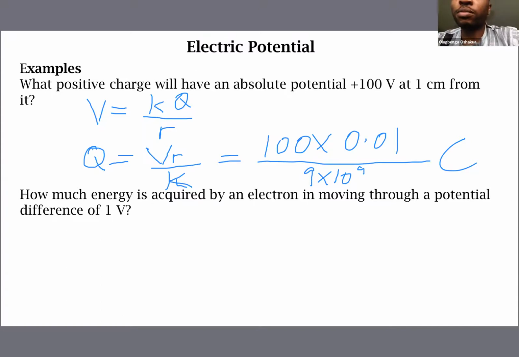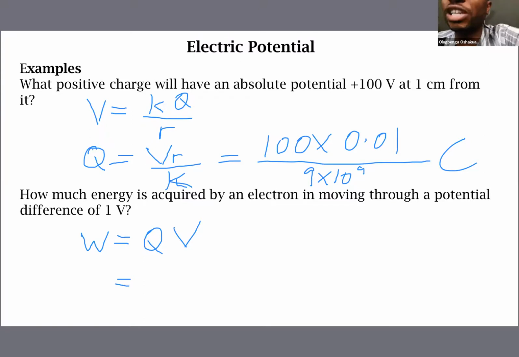That is W equal to QV. W is the energy, the work done, and it's equal to the product of the charge and the potential difference. What is the charge here?